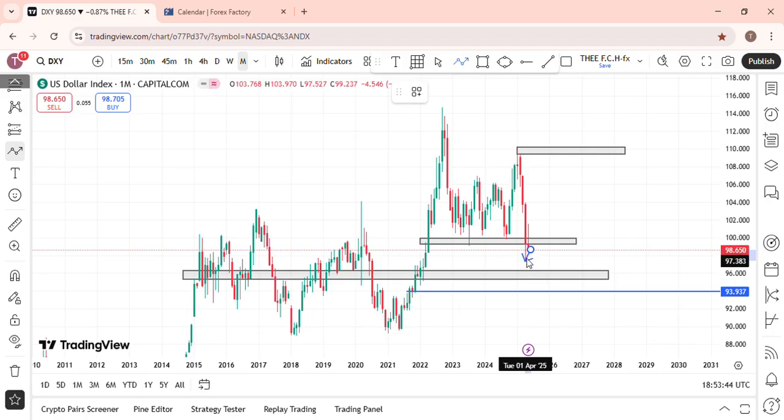You can see this one, the week here, this is liquidity. So the market will be determined to come and grab this liquidity. Let me not ignore this imbalance, but I guess it was already respected. Yeah, it was respected.